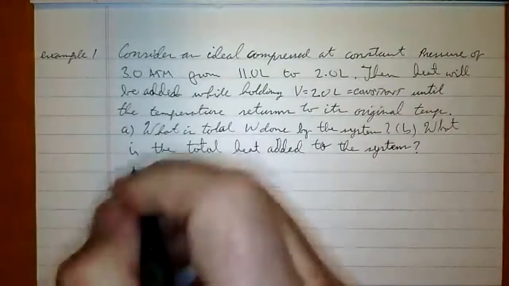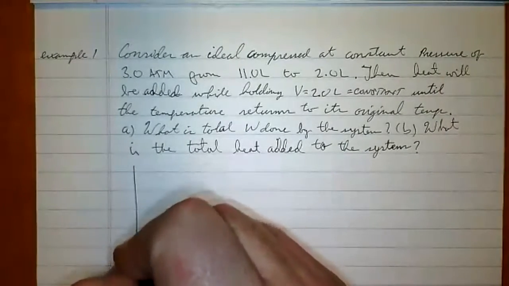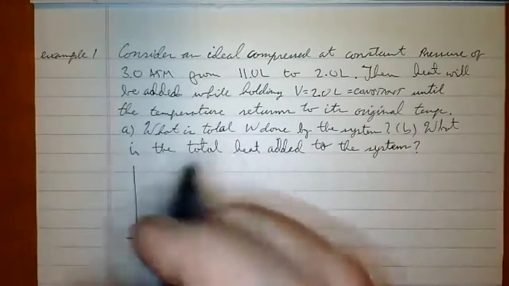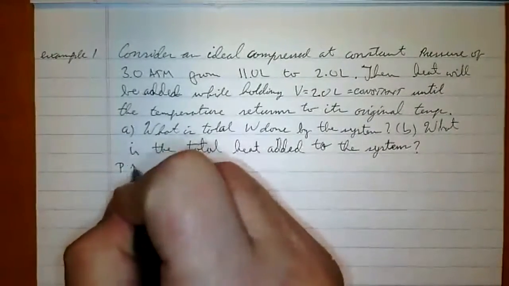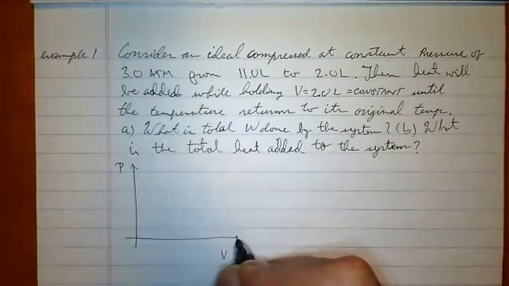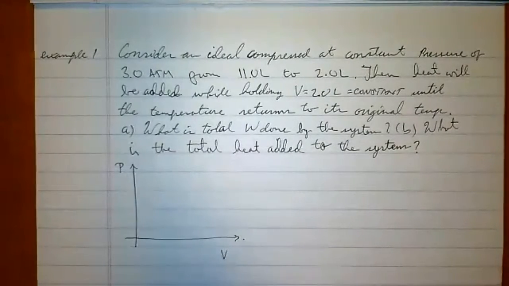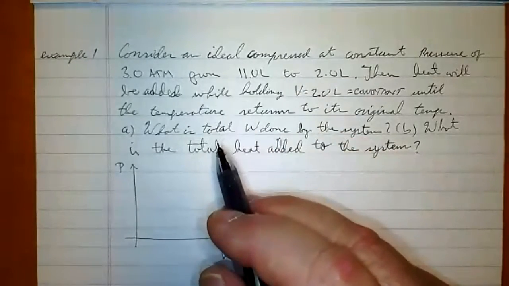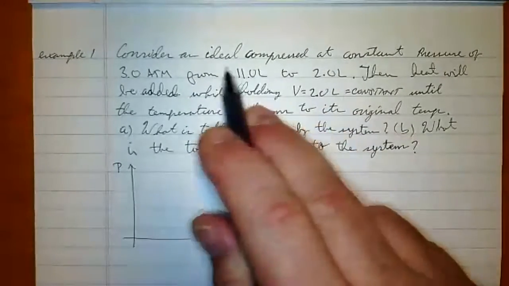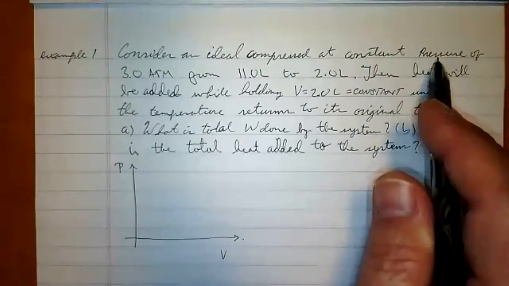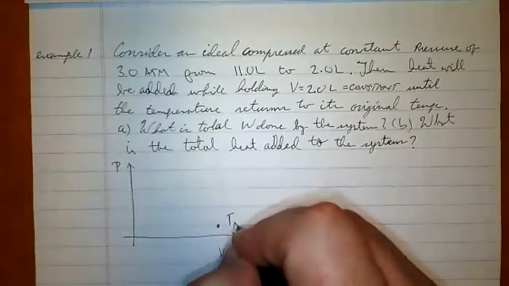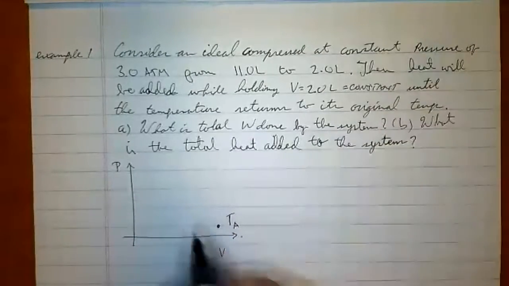In fact, we could make a graph of this to make a little more sense. I'm going to make a pressure versus volume graph. First we're going to do a process where the pressure stays constant. Ideal gas compressed at a constant pressure, right? And the volume will go down. So I'm going to start right here, at some temperature TA, because I'm calling this the initial condition.